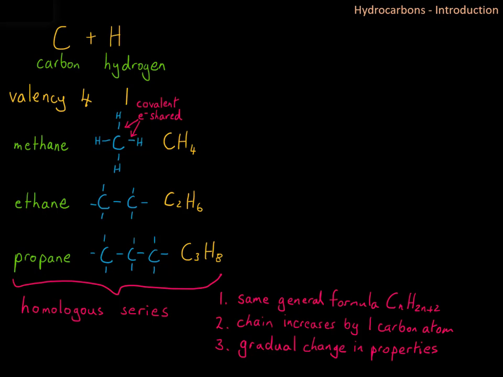Now, when these carbon atoms join together, they can form chains, and they have this sort of structure. If we take the next one in this homologous series, which would now have 4 carbons, so we could have a chain like this, 4 carbons, of course with their hydrogens attached.